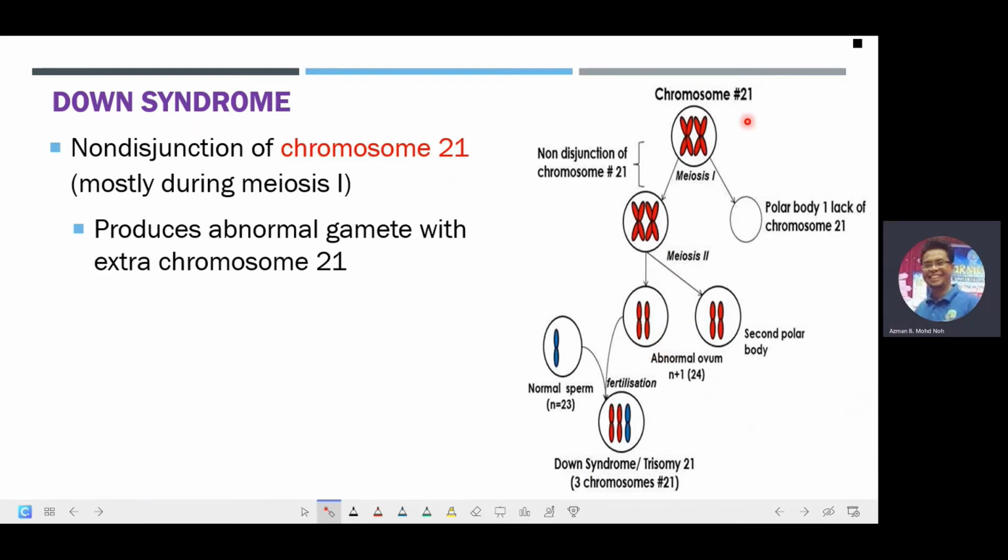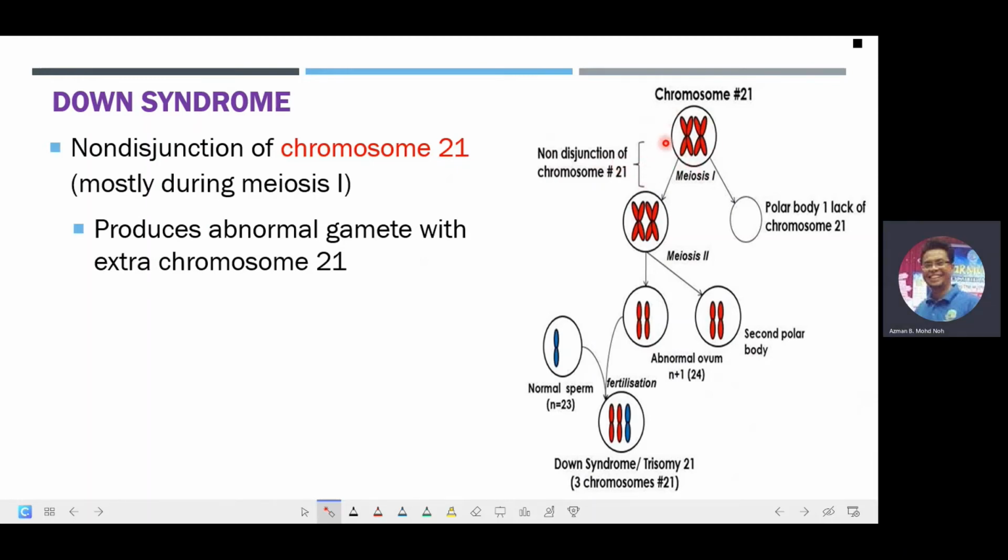This is a diagram that shows the process of gametogenesis in a female, also known as oogenesis, where something goes wrong during meiosis 1, in which non-disjunction occurs on chromosome number 21.